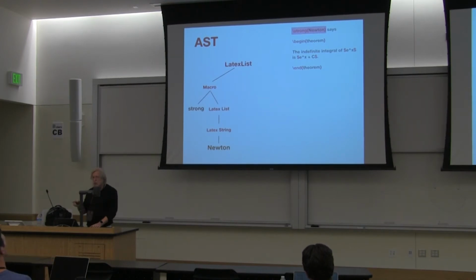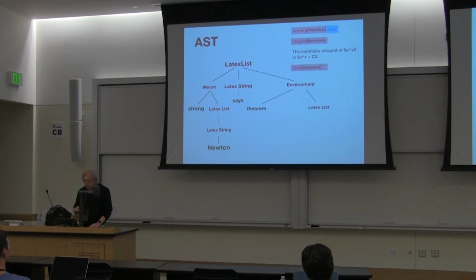The macro strong Newton is going to produce this left-hand branch of the tree. Notice the subtree headed by macro. It has two children, the name of the macro, strong, and then the body of the macro, which goes just down to Newton. The English text says corresponds to that little short middle tree.